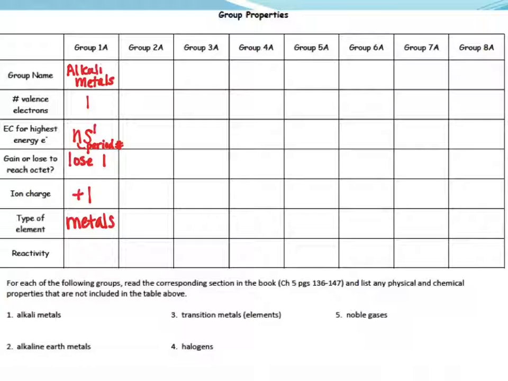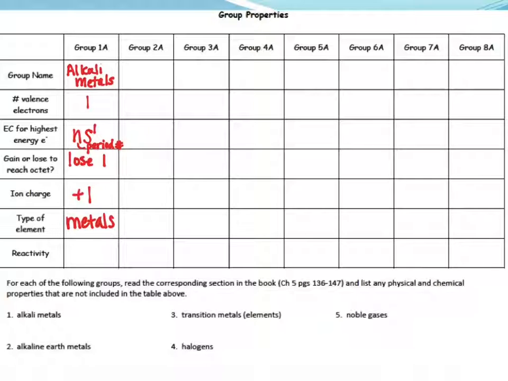Because it loses an electron, which counteracts the proton, so without the electron, it's positive. Lithium has how many protons? 3. So it has 3 protons and 3 electrons, right? So an overall charge of 0.